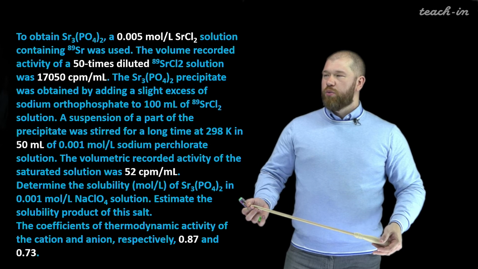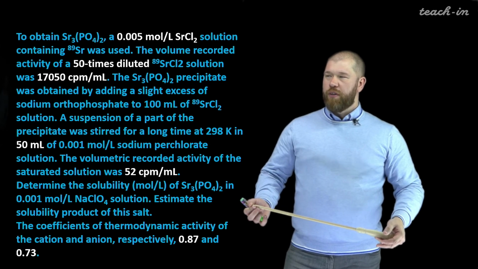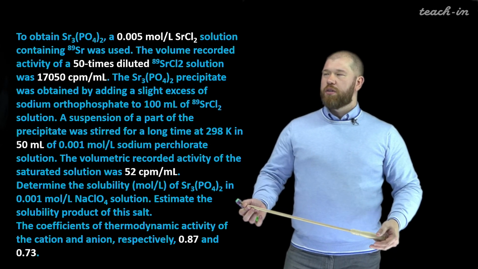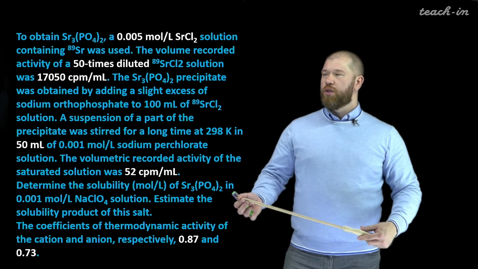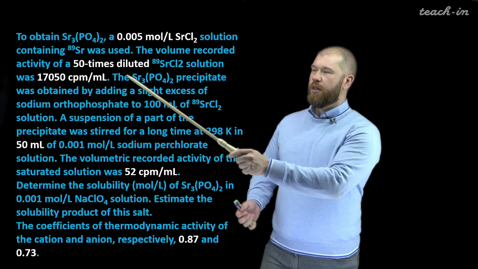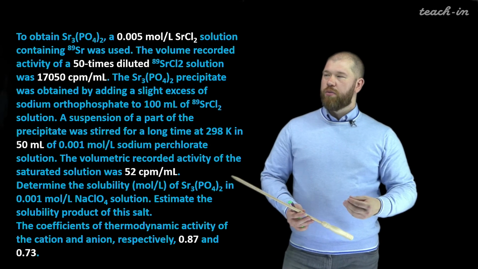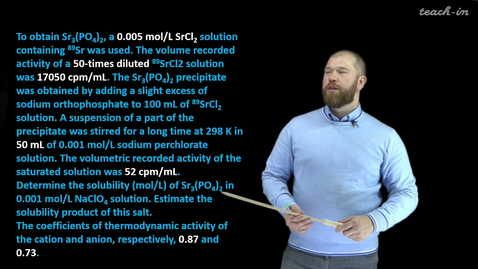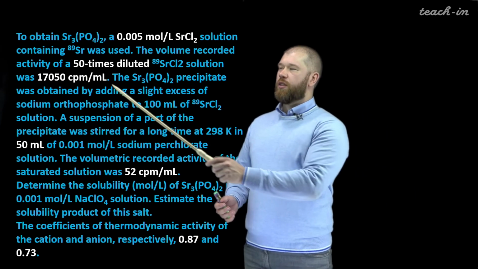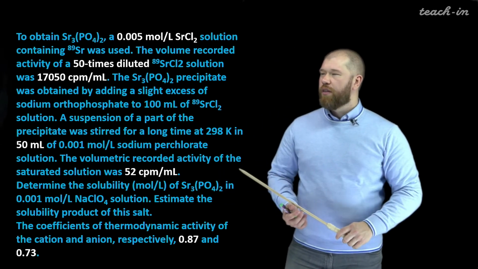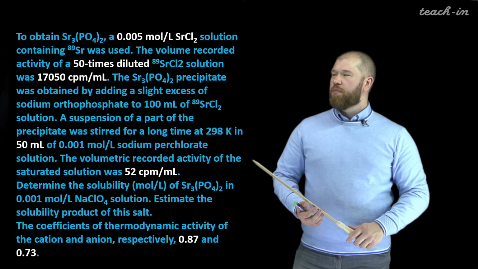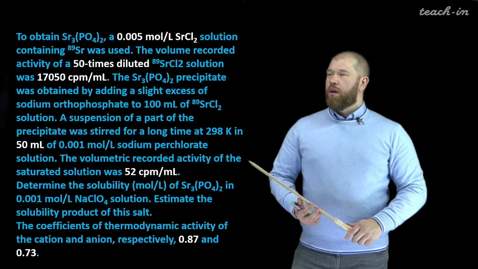Then, to determine the specific activity, part of this solution was diluted 50 times. And the activity of this diluted solution was measured, and it was determined as 17,050 CPM per milliliter.